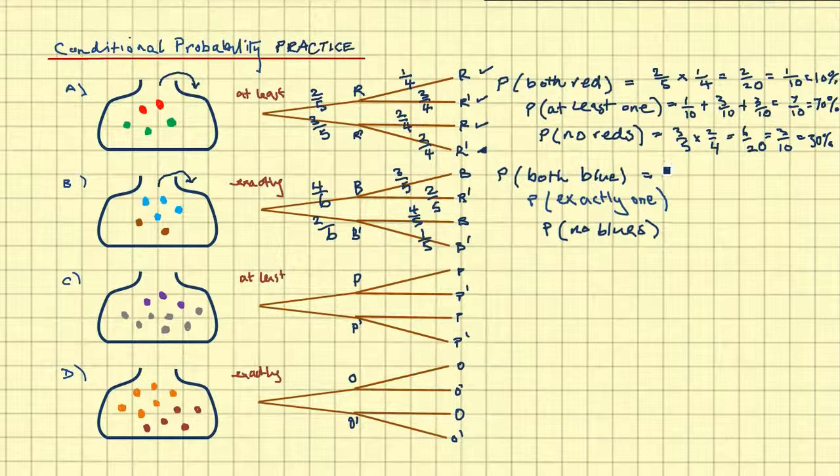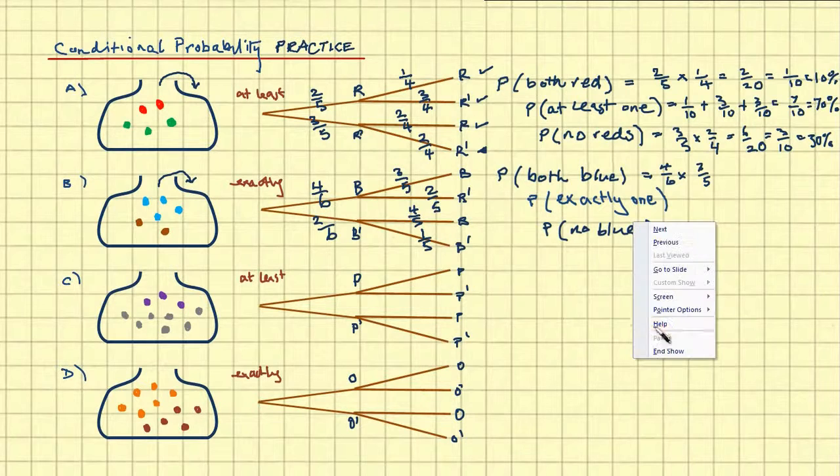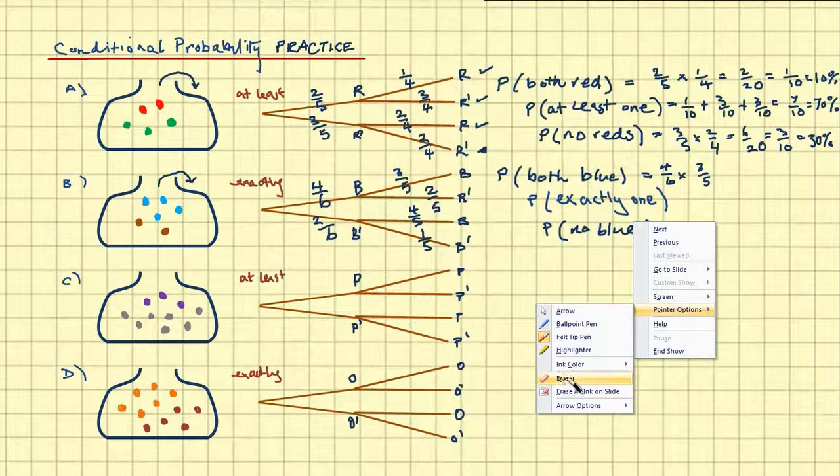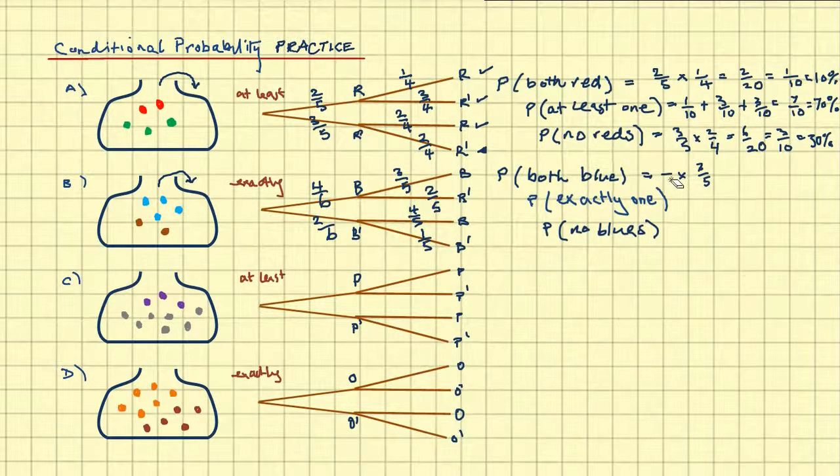Now, probability that both are blue then is going to be 4/6 times 3/5. And to make things easier, what you might want to do here is change 4/6 to 2/3. You don't have to.